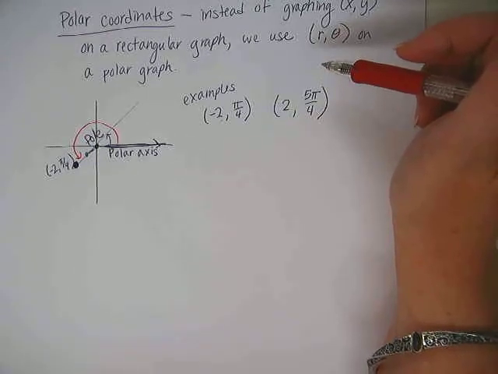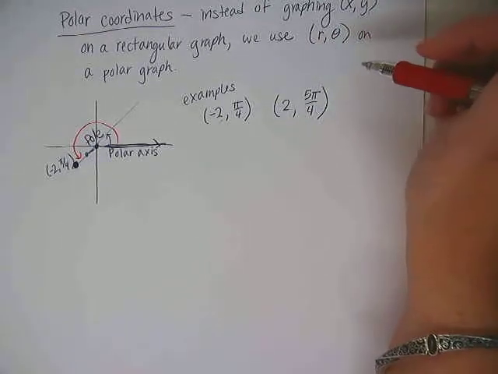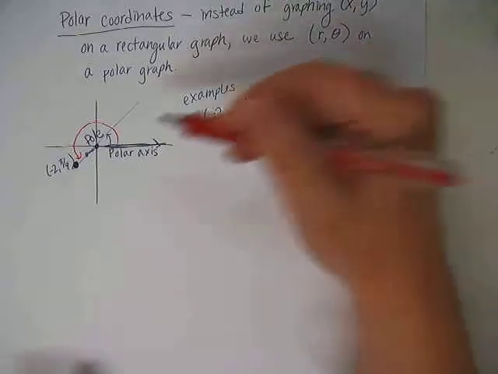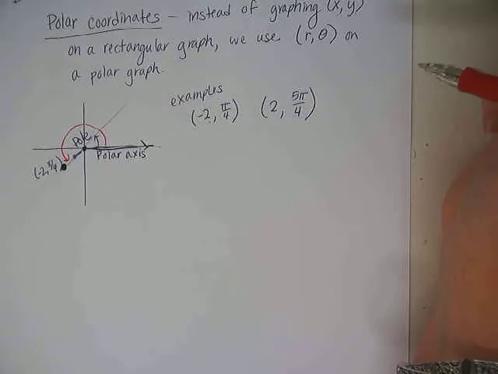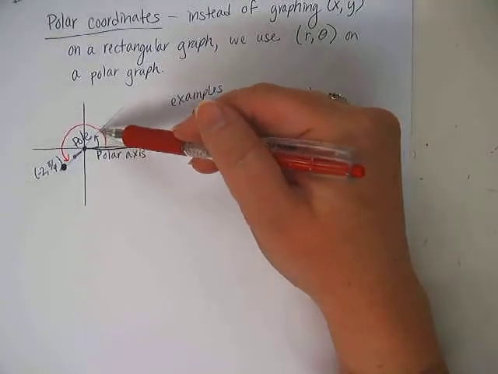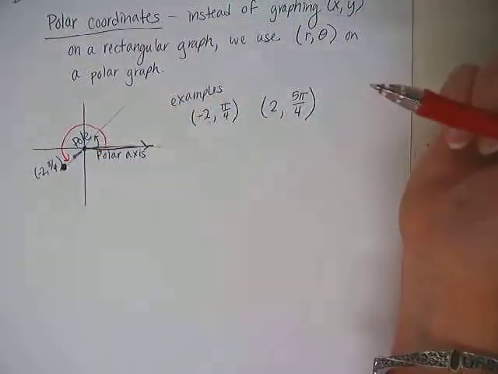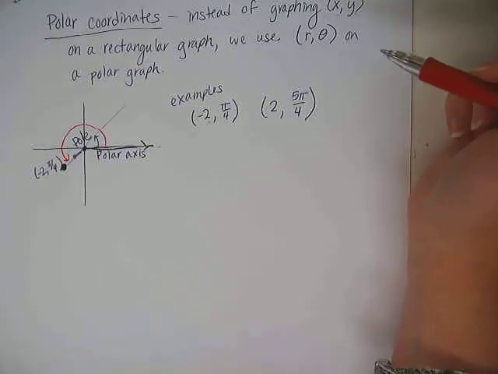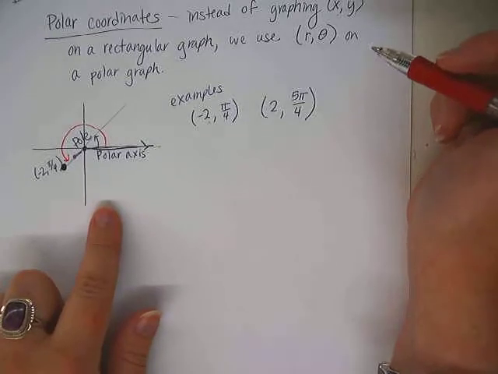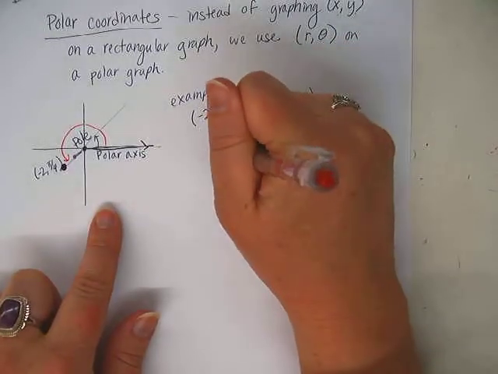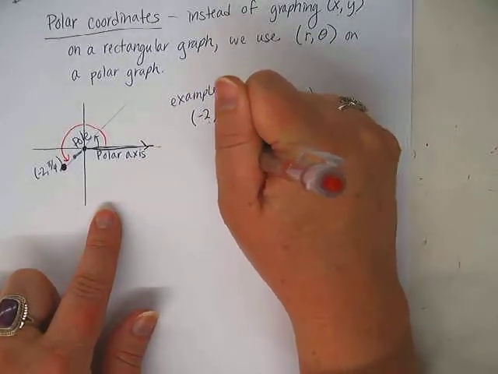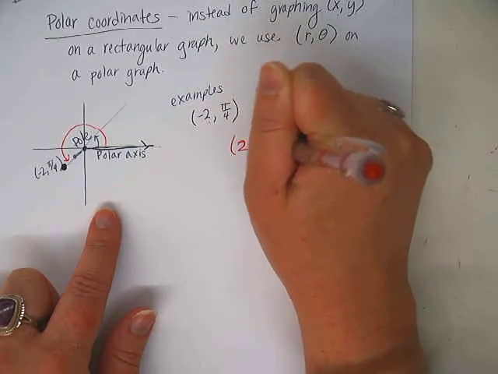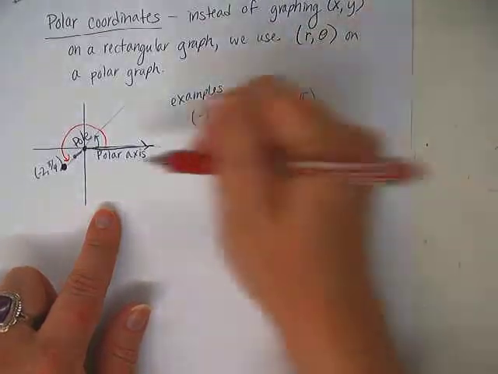How many different coordinates can match up to any point on a polar graph? Infinitely many. Yeah. Can anyone think of another possibility? Give me another way to do that same point. So far, we've only done positive angles going counterclockwise. What else could we do to do the same point? Perfect.